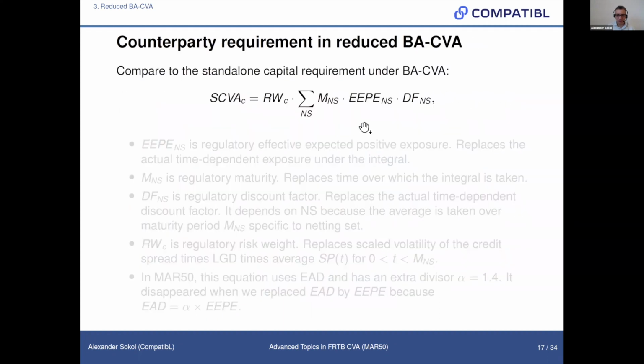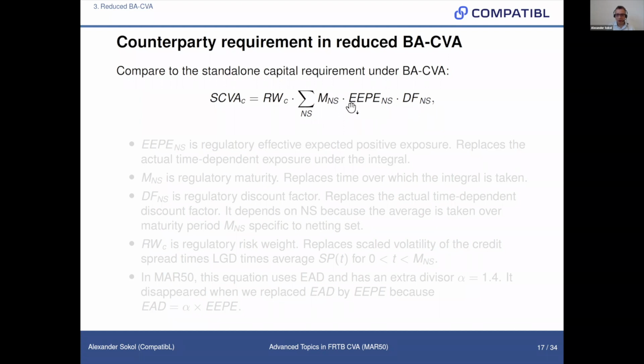So it looks pretty different from this integral, right? So there is a risk weight here. Okay, so that makes sense because we remember that risk weight in market risk is a kind of replacement for the volatility, or scaled volatility, expected shortfall. Okay, so it makes sense as a multiplier. Okay, so now we see something that vaguely resembles what we're looking for, right? The discount factor is here, but as a constant.